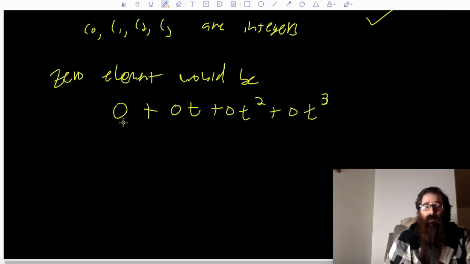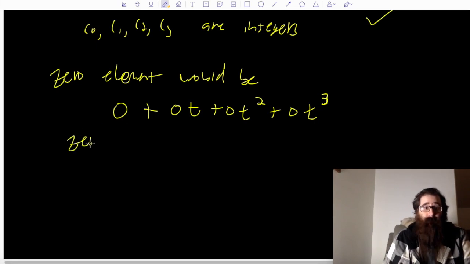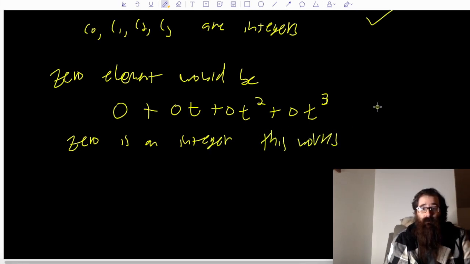And remember, my constants and coefficients have to all be integers. We could say, well, good for us, 0 is an integer. So this works. I do have the 0 element in my polynomial space from the set that I'm describing. There's one more to check, that's scalar multiplication.